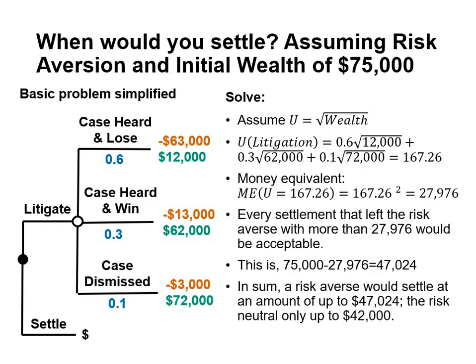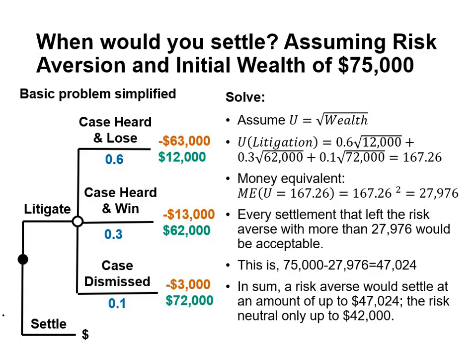So in other words, the individual expects some monetary equivalent of litigation that is equal to 27,976. So in other words, every settlement that left the risk averse with more than 27,976 would be acceptable.